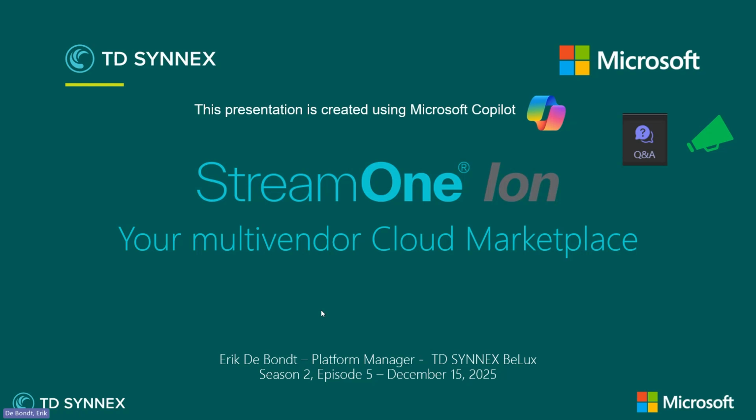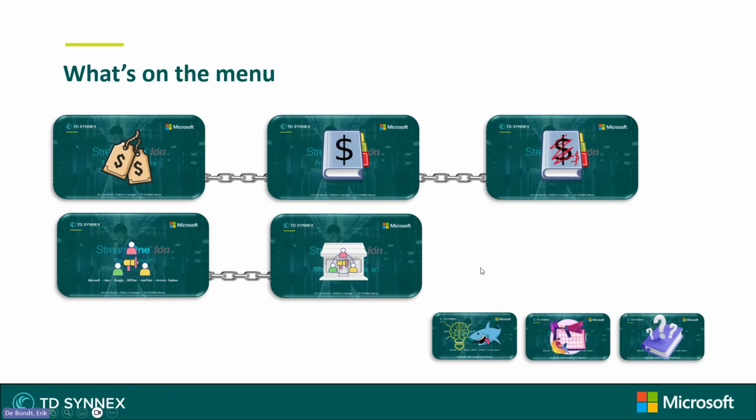On the agenda today, this is obviously again for all vendors, but as you know, my demos are mostly around Microsoft because that's most being used. What's on the menu? Pricing. You see that there are some changes, so basically things that are linked together.